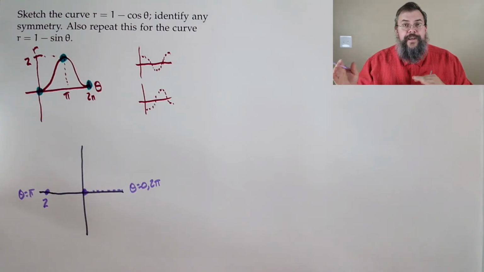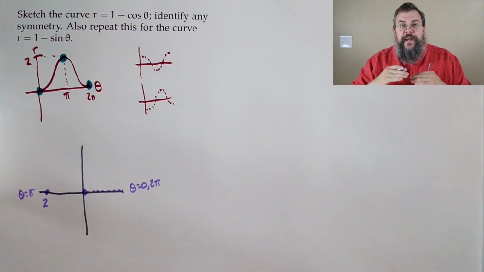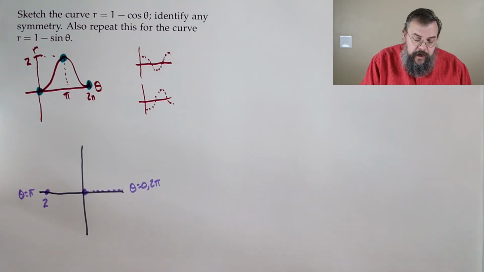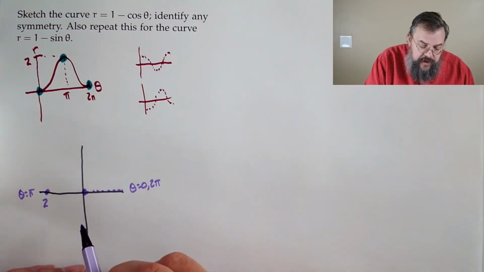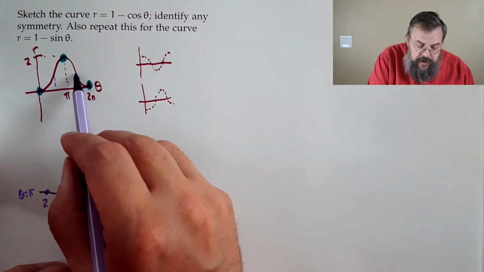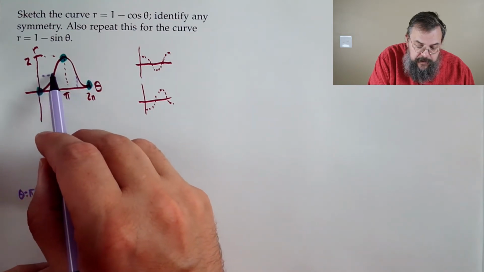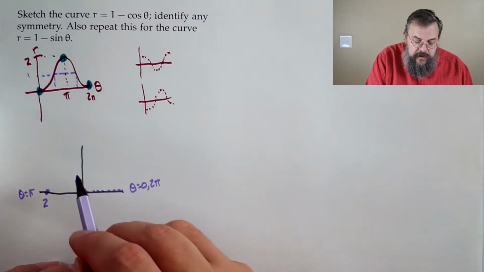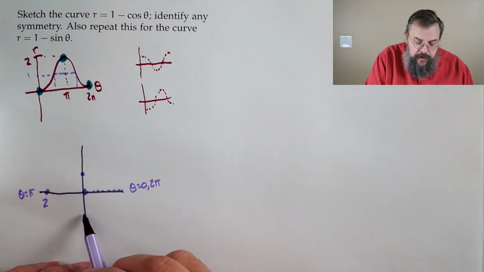So this is not the x coordinate that's being represented, it's saying how far you are from the origin. And you can plot other points. It's not so hard, for instance, to see if you go at pi over 2 or 3 pi over 2, you're only halfway there. So you're at 1 and at 1.